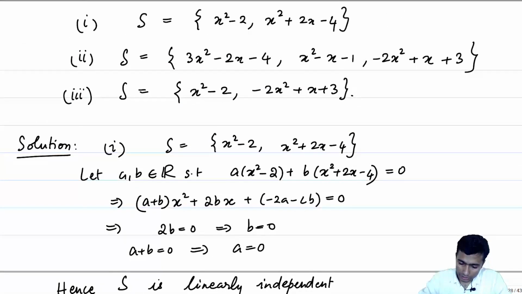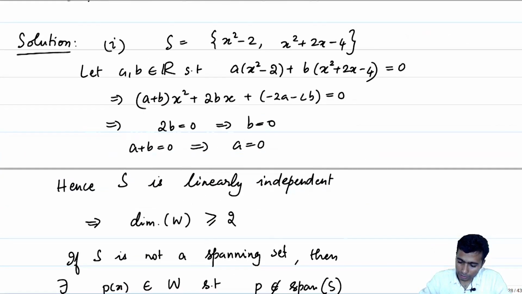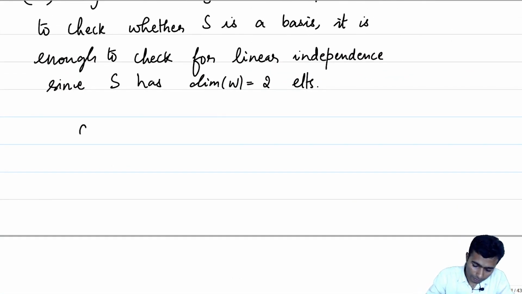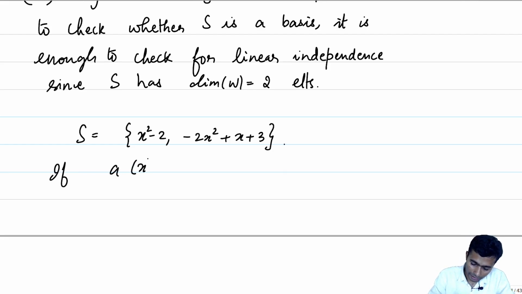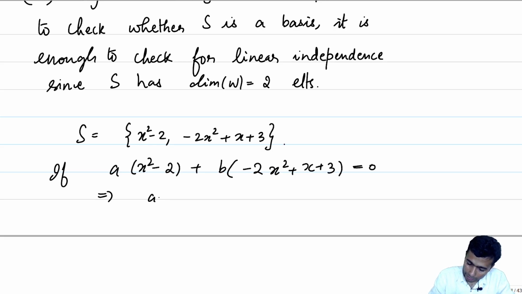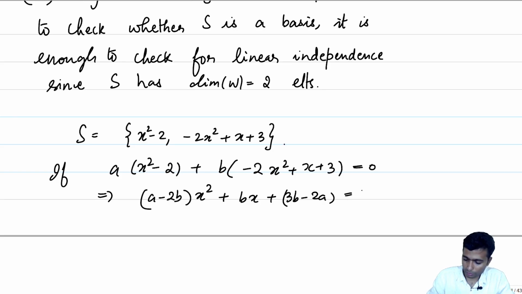What was the set S? S was x square minus 2 and minus 2x square plus x plus 3. And the check for linear independence is straightforward. If a times x square minus 2 plus b times minus 2x square plus x plus 3 is equal to 0, this would imply a minus 2b times x square plus bx plus 3b minus 2a is equal to 0.